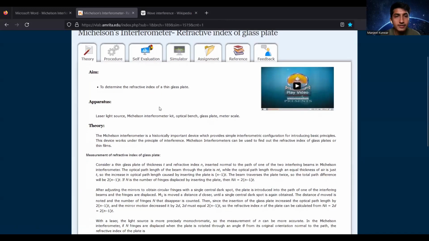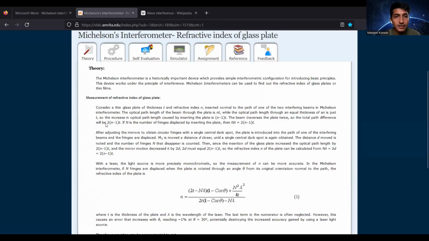The aim of this virtual lab experiment is to determine the refractive index of a thin glass plate, and the theory is already discussed. Thus, I'm going to state some formulas for the measurement of the refractive index of a glass plate. Consider a thin glass plate of thickness t and refractive index n inserted normal to the path of one of the two interfering beams in the Michelson interferometer.